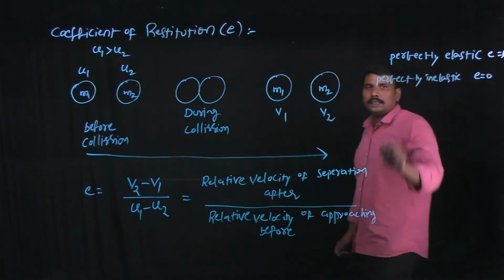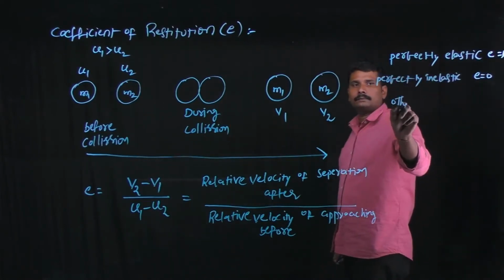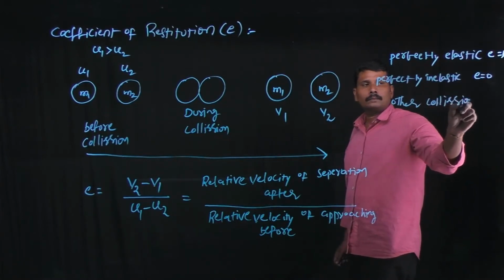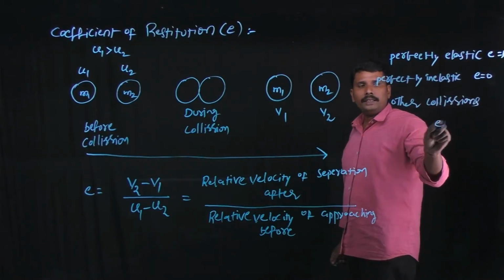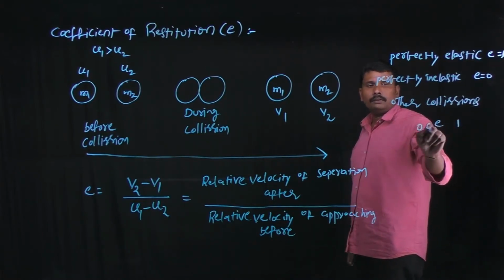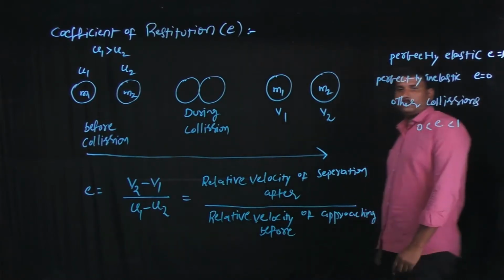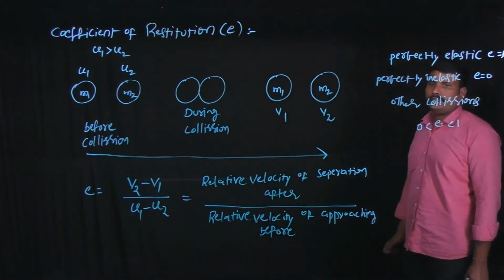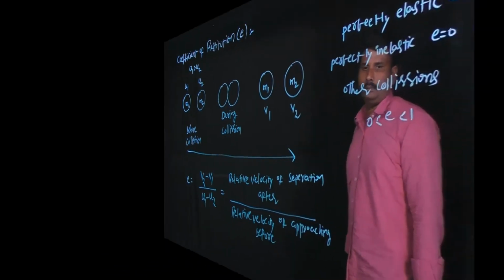For other collisions, the value of e is in between 0 and 1. Okay, this is the introduction of coefficient of restitution.